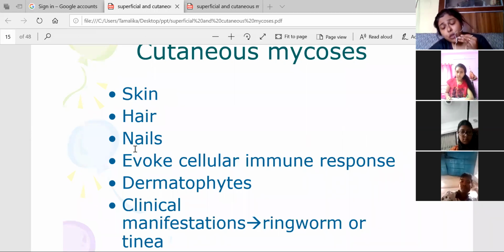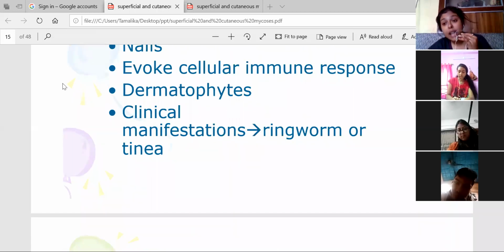What is the difference between superficial and cutaneous? Cutaneous mycosis evokes a cellular immune response, whereas superficial mycosis does not. They are also called dermatophytes because they are associated with dermatological reactions on the skin.